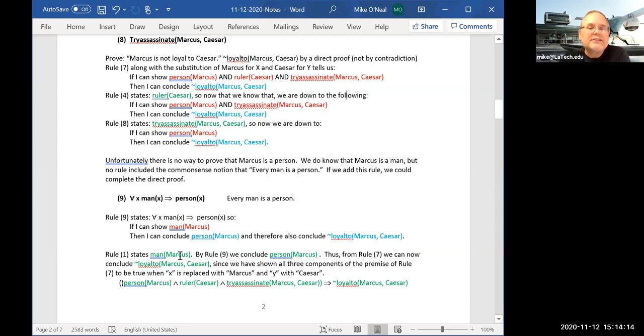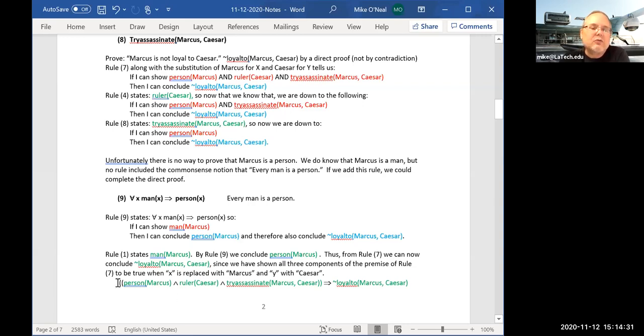So Rule 1 states that Marcus is a man. Bam. So by Rule 9, we know that Marcus is a person. And then by Rule 7, now that we can fill this in because we know that Marcus is a person, we can conclude that Marcus is loyal to Caesar.